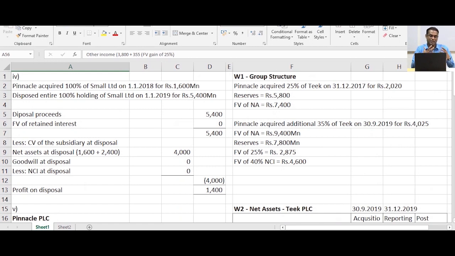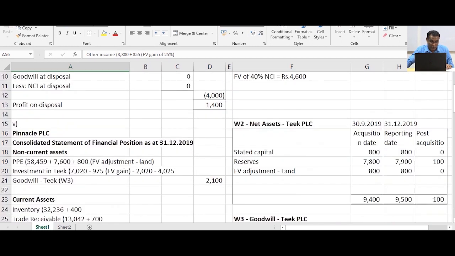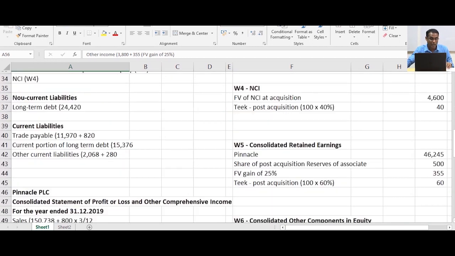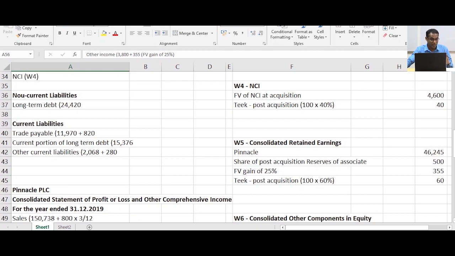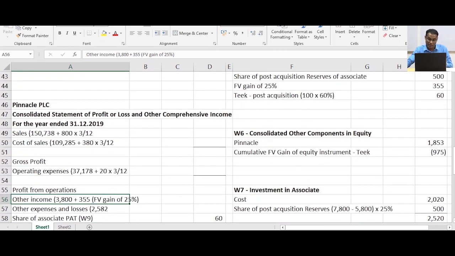You invested 1,600 in the subsidiary and disposed of it after 1 year with proceeds of 5,400, so the profit is the difference, 3,800. That is included in the individual income statement of Pinnacle. Now when I am preparing the consolidated financial statements, what you need to include is not the individual profit but the consolidation profit. In my introductory video I also mentioned this point.